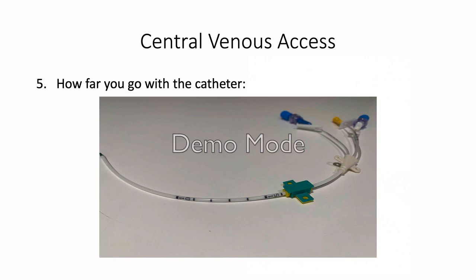So another tip, once you are sure that the guide wire is in the vein, don't take the needle out, keep everything the same, use the ultrasound probe, scan the vein again, and make sure that the guide wire is going down from the skin through the subcutaneous tissues down to the vein. And this is another confirmatory way telling you that the guide wire is in the vein and not in the artery.